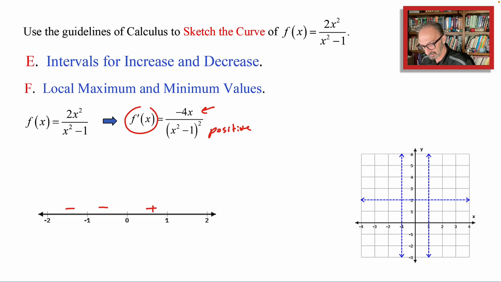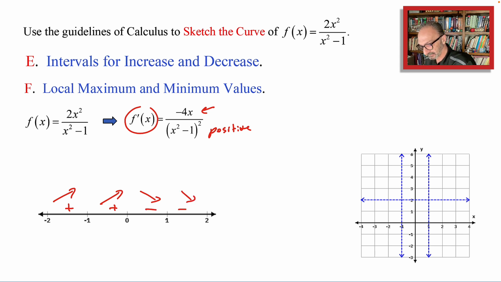And to the right, it's going to be negative, the other way around. Let's go back. Negative times negative is positive: increasing, increasing, decreasing, decreasing. That's what we had.